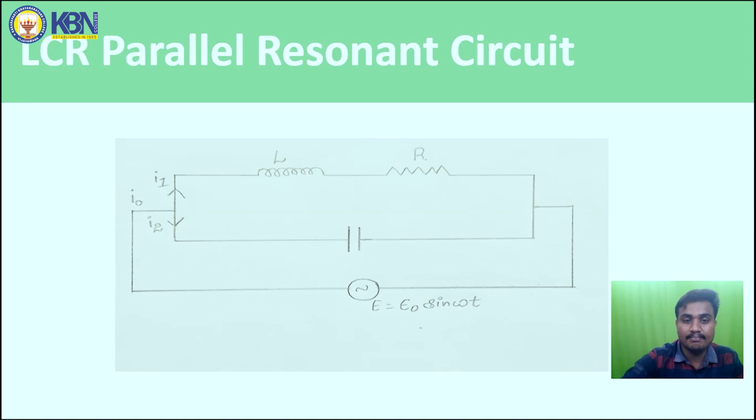Branch 1 and branch 2 are connected in parallel, and these are connected to an alternating source given by the potential difference E equal to E naught sin omega t.